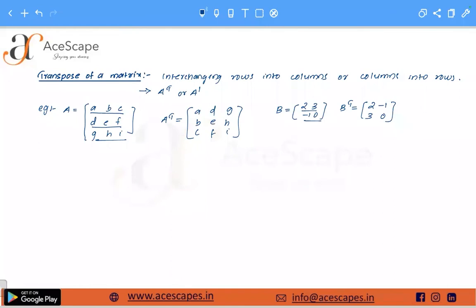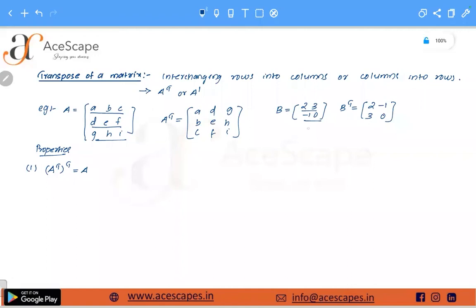In other words, the element in the ith row and jth column becomes the element in the jth row and ith column. Now we are going to talk about some properties of the transpose. One property is that the transpose of A transpose will be equal to A. We can take this example.